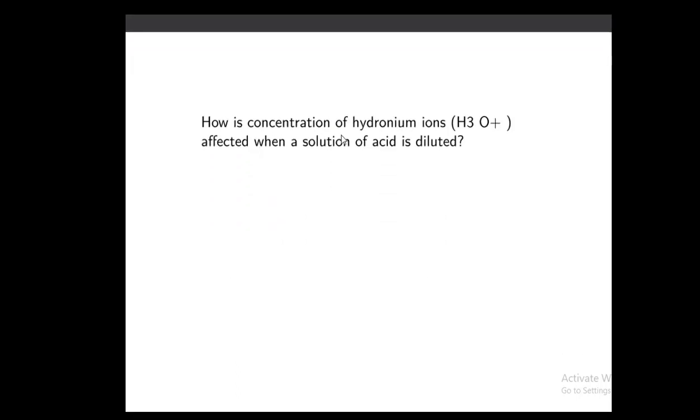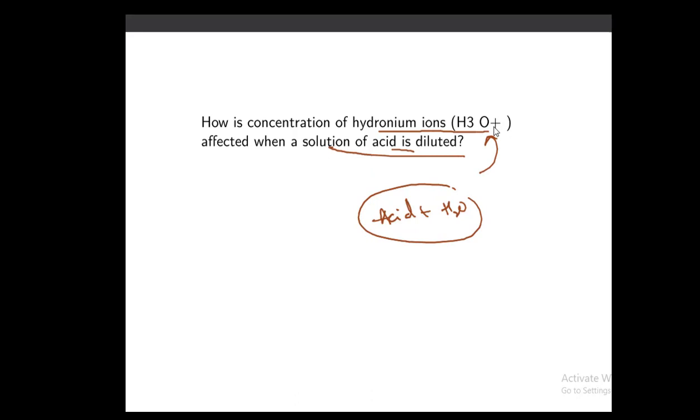So next, how is the concentration of hydronium ions, that is H3O plus ions, affected when a solution of acid is diluted? So here what happens to an acid? If I take any acid and add water to it, what happens to these hydronium ions? They are asking this question.